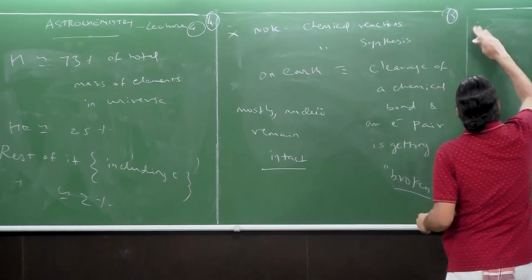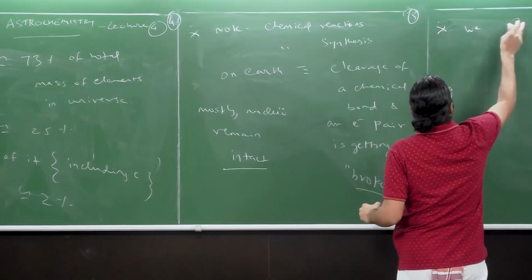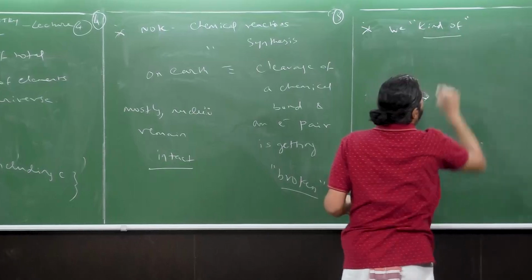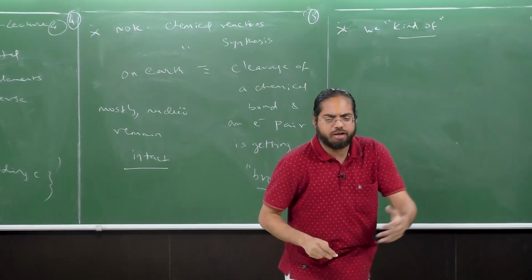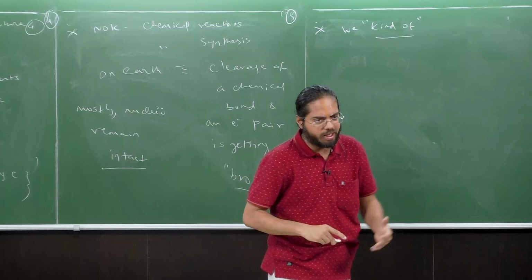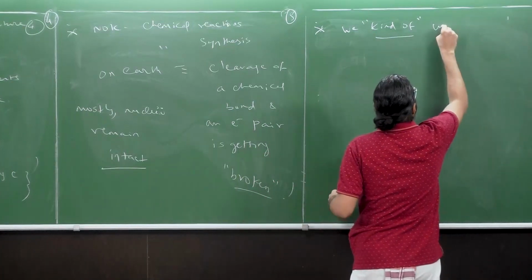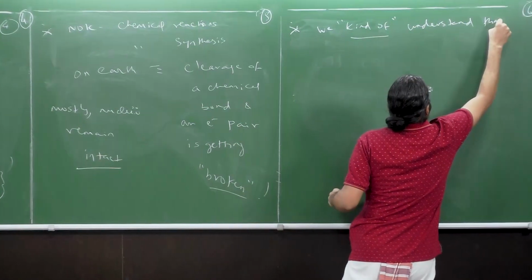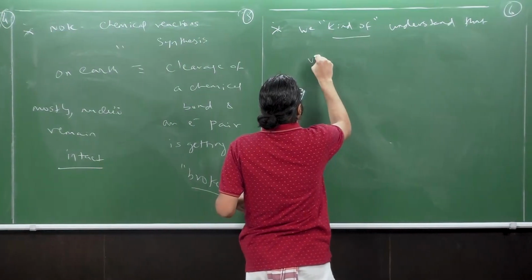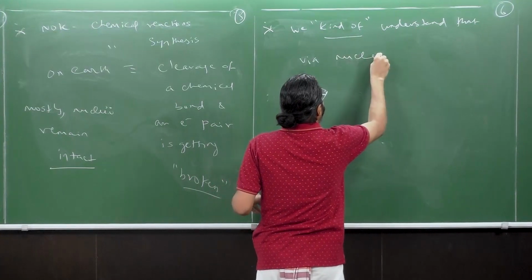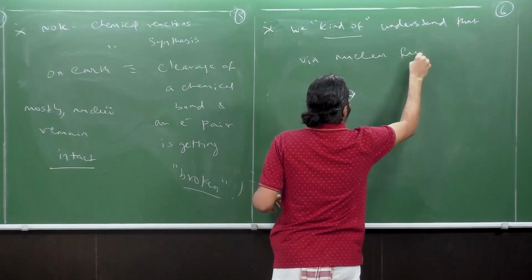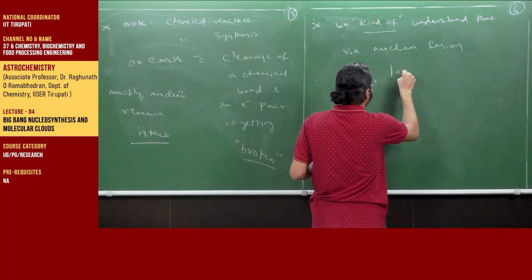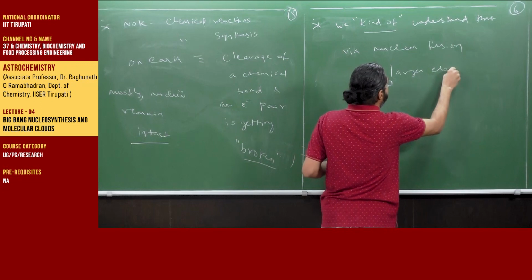So we kind of understand, I use the phrase kind of because I'm not going to go into the details as to how exactly the other elements were formed, but we kind of understand that via nuclear fusion, we can form larger elements.